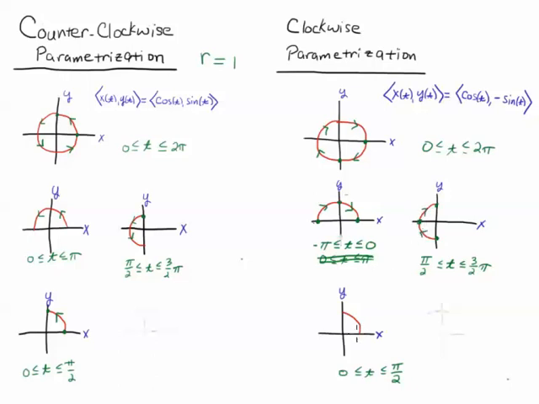And then finally, let's see if this one's going to work. The cosine, let's see, we want to start here. So the cosine of 0, oops, that's not going to work. So we can't go with this one. So if we want to start there, we're going to need to start at pi over 2.